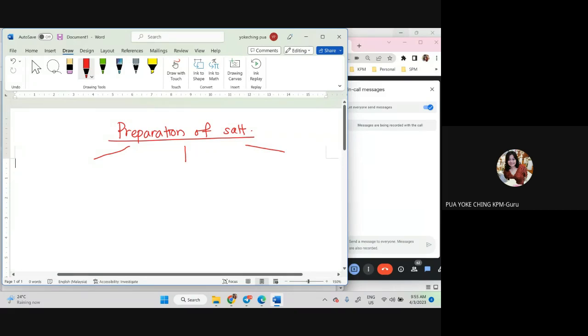You need to be very sure what salt you want to prepare, and different salt, different method.